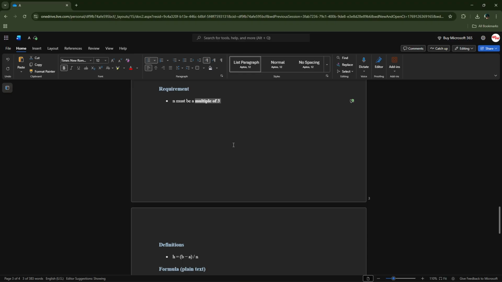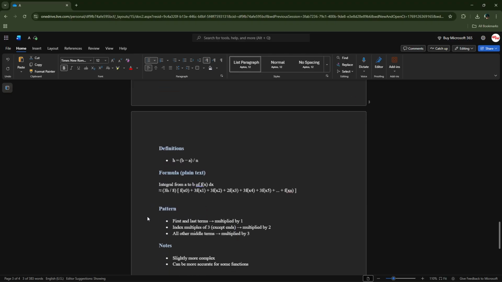The step size h is still calculated as b minus a divided by n, like in the previous rule. As you can see here, this is the formula.